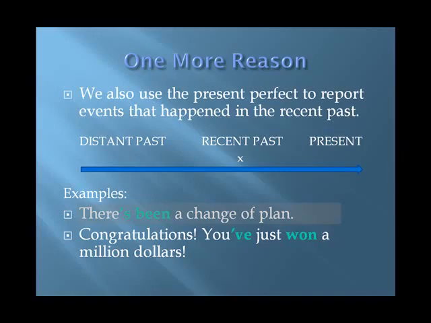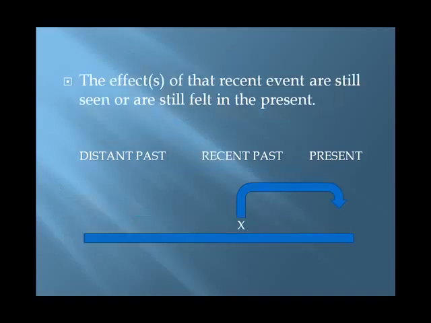The first, there's been a change of plan. So the change took place recently, perhaps just yesterday. Second example, congratulations, you've just won $1 million. So this news is very recent. The event is recent. The effect or effects of that recent event are still seen or are still felt in the present.